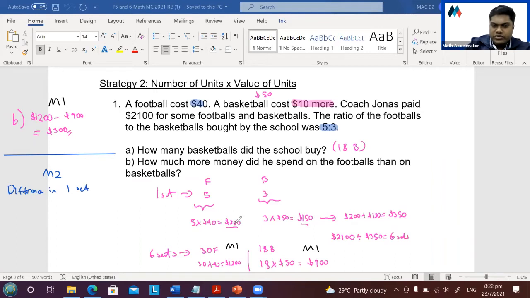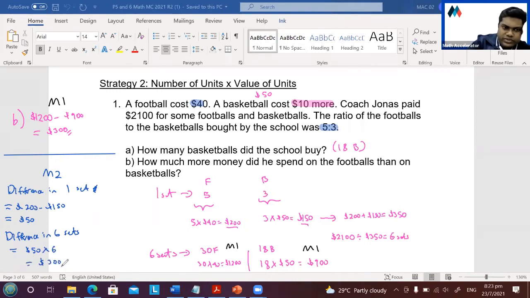We know that this is $200, this is $150. So difference in one set is 200 minus 150. So that will give you $50. So if the difference in one set is $50, then write down difference in 6 sets equals to $50 times 6. That will also give you $300.